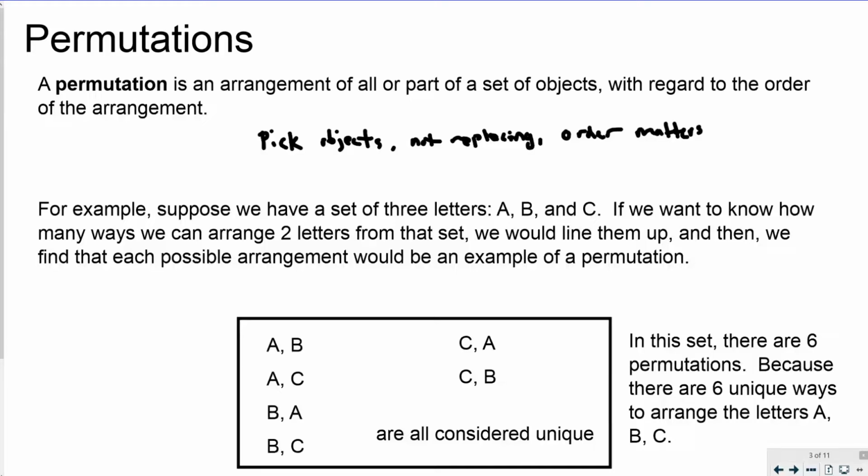So AB, AC, BA, BC, CA, and CB are all considered unique within this set because C in the first spot is different from C in the second spot in all of the cases. Same with B and same with A. So that's what a permutation is.